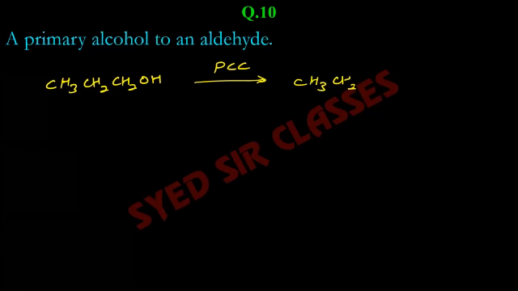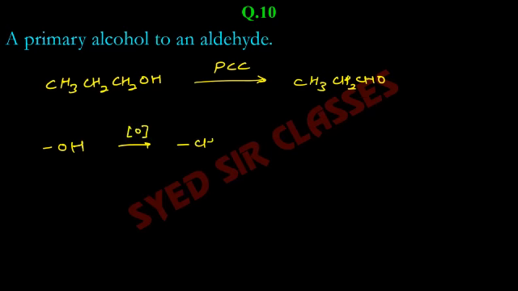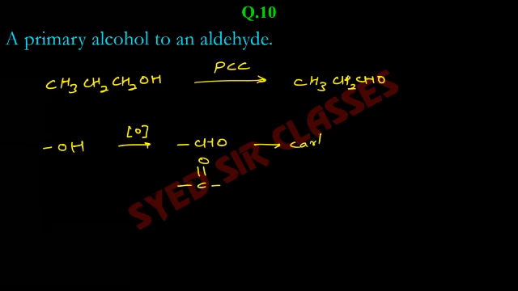Now remember, alcohols will get oxidized to aldehydes or ketones, and these will get oxidized to acids, carboxylic acids.